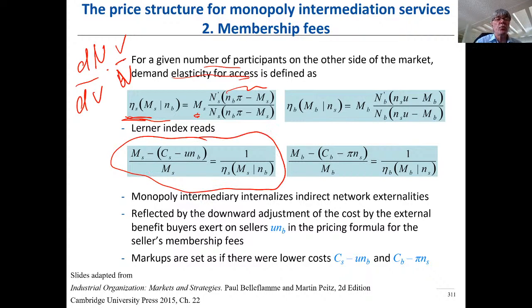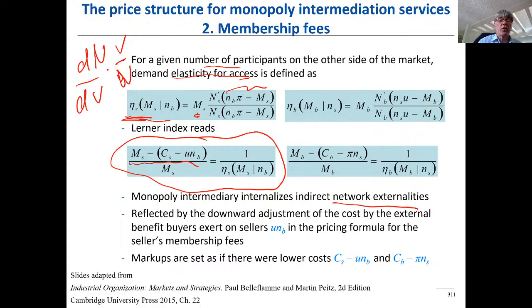And what we see is we get some standard result with the Lerner index. If demand is rather elastic for one side of the market, the Lerner index will be lower than on the other hand. And this is, however, a specific Lerner index as it takes into account, in a sense, already this indirect network externality.